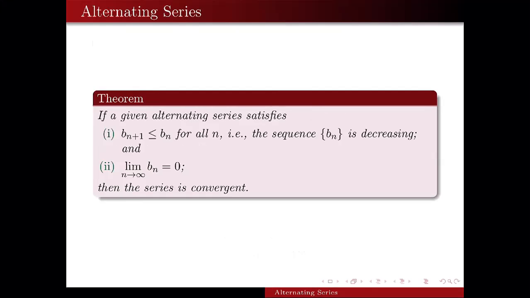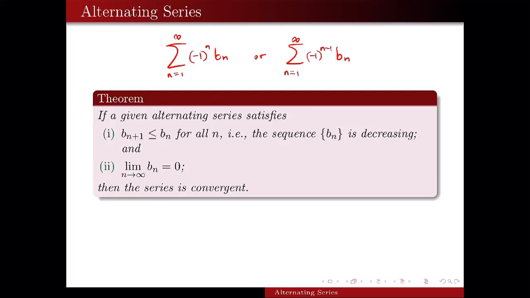So, if a given alternating series, let me just write here the alternating series that we have. Either you have negative 1 to the n bn, n starts from 1 up to plus infinity, or you have negative 1 raised to n minus 1 bn, starting from 1 up to plus infinity.